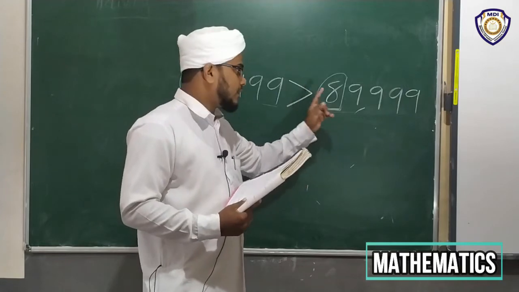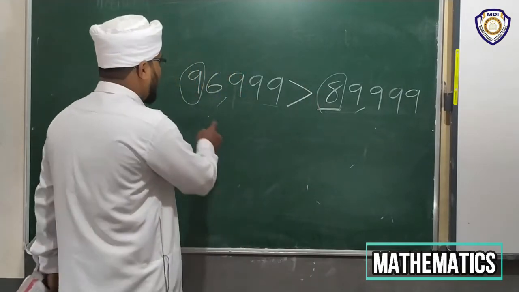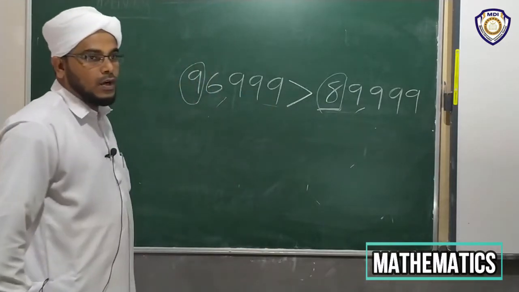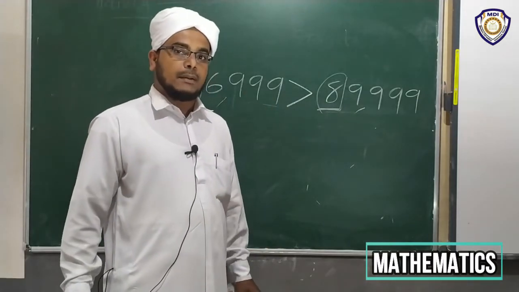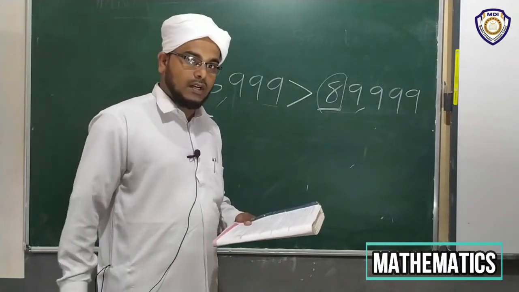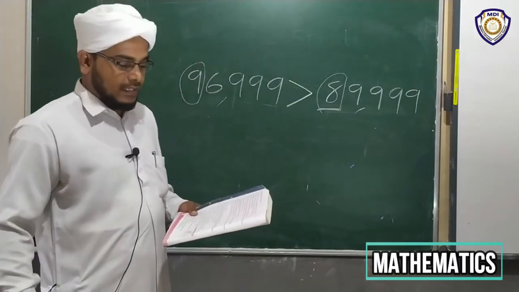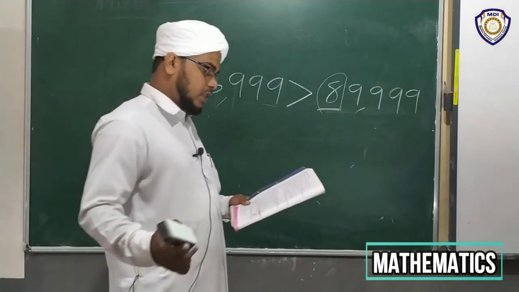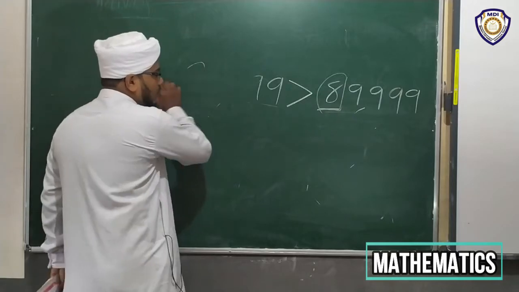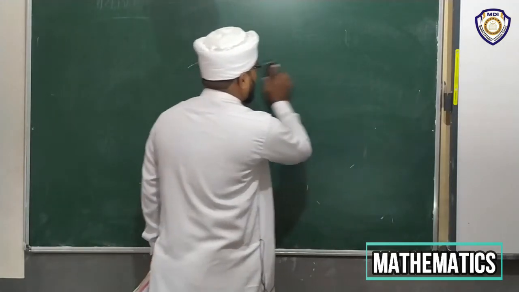We compare the leftmost digits of both numbers. Okay? It is very simple. Please listen carefully. If you have any doubt, you can ask. Please write down these important points in your notebook.